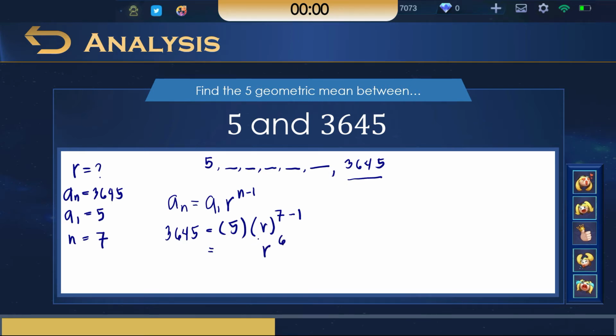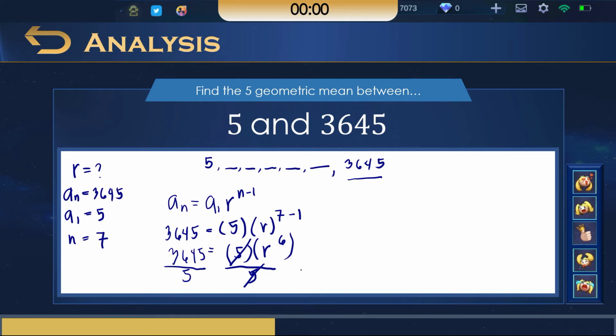So we have r raised to 6 times 5 is equal to 3,645. Now, we're going to divide both sides by 5 to remove the numerical coefficient attached to our variable r. So here, we're going to cancel out 5.